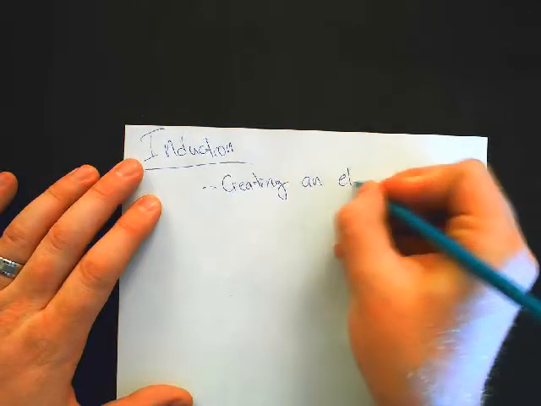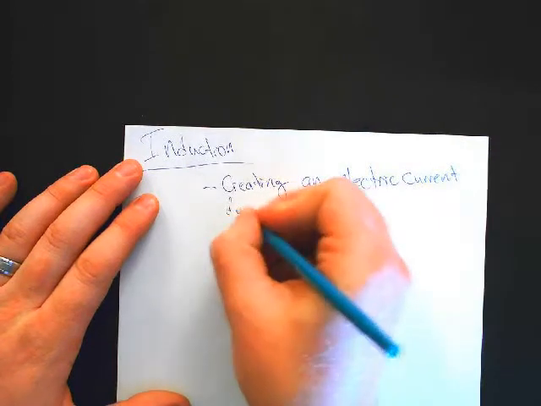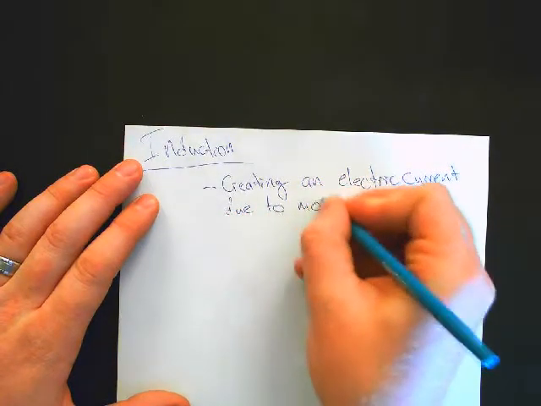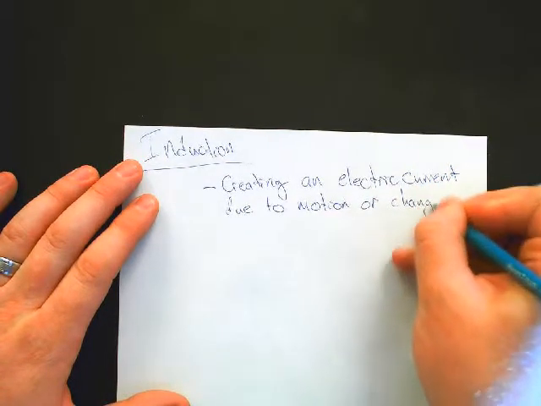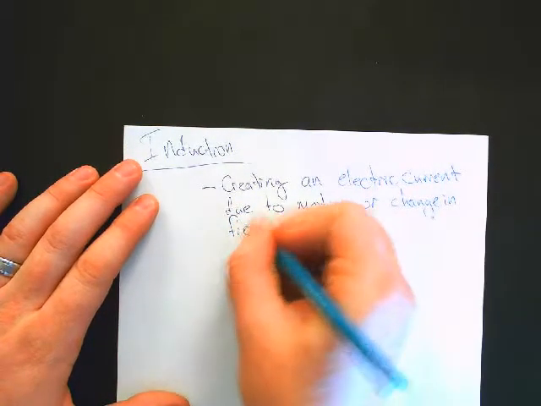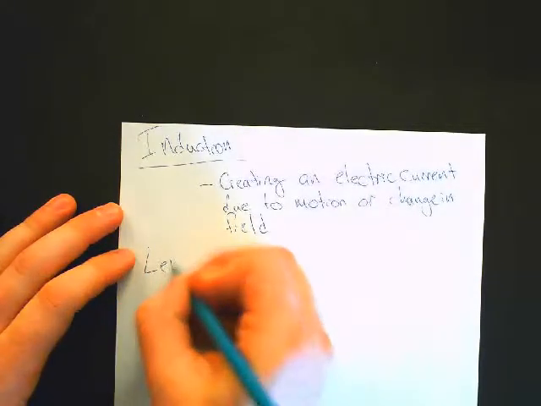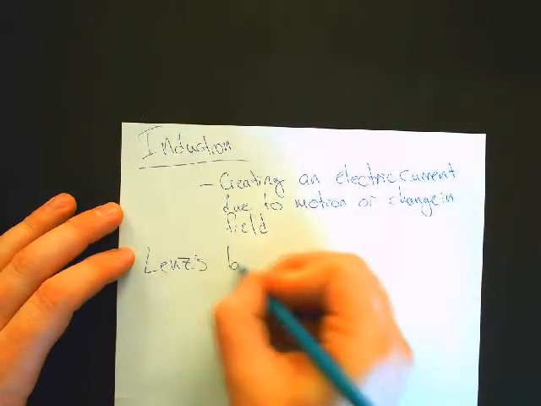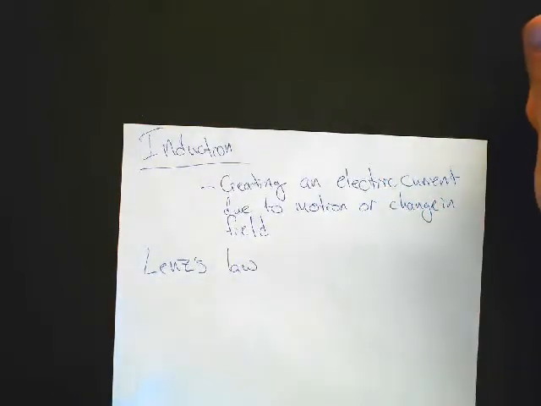An electric current due to motion or change in field. Okay? So the law that governs all of this is what we call Lenz's law. Lenz's law states that an induced magnetic field is created to oppose a change in an existing magnetic field.